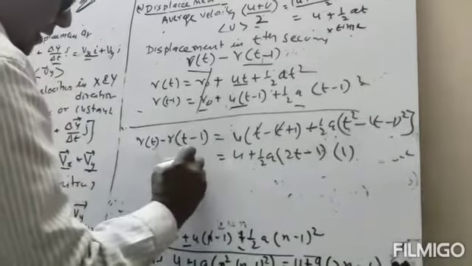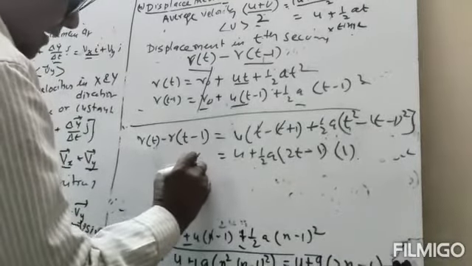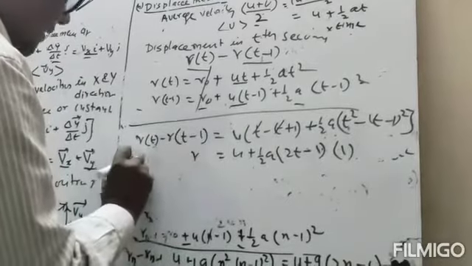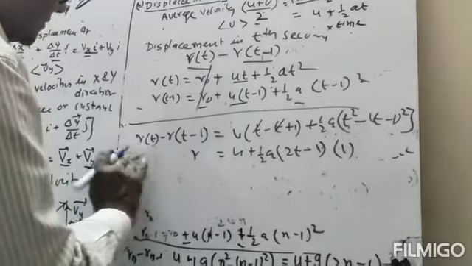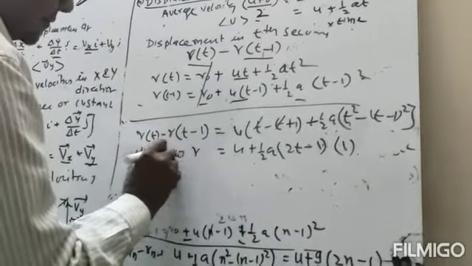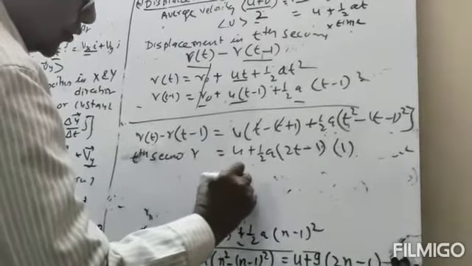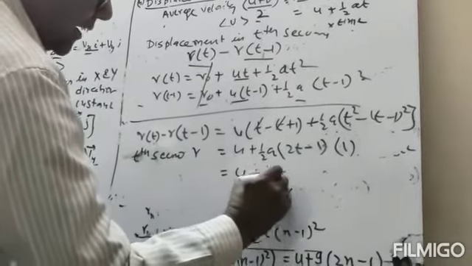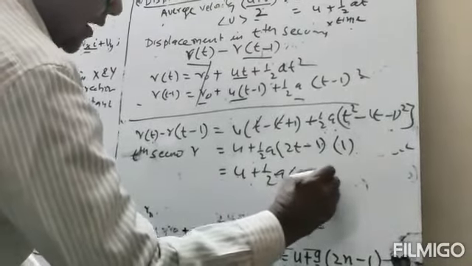So the distance traveled in the tth second will be equal to u plus 1 by 2 a (2t minus 1).